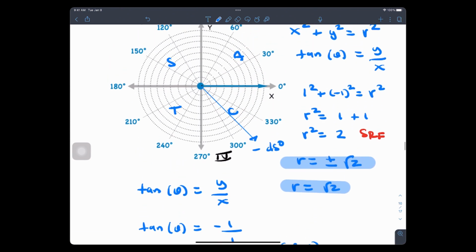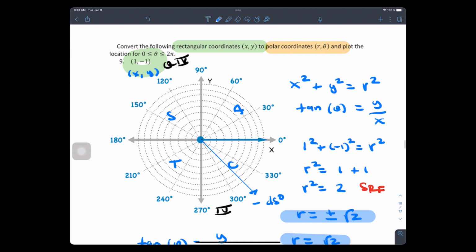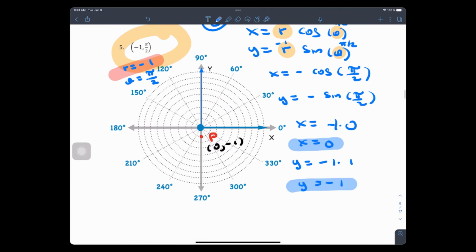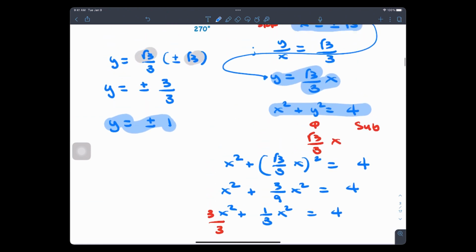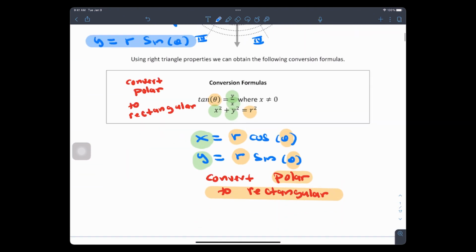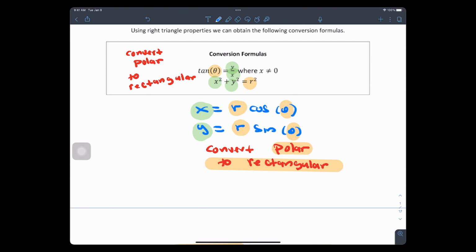You're going to have to know a little bit about some graphing or plotting points. Just want to let you guys know. So if I go back in our notes, what do we do in our notes with these formulas? This is where you convert rectangular here to polar.